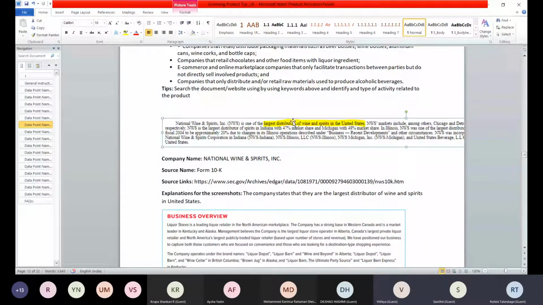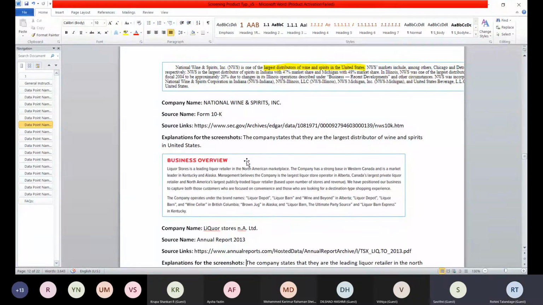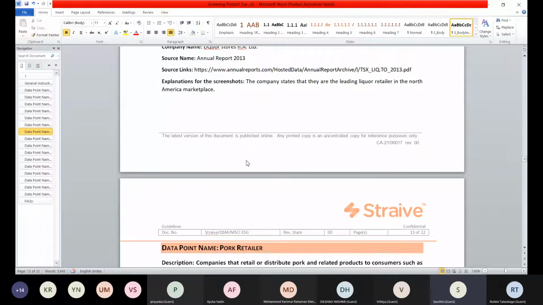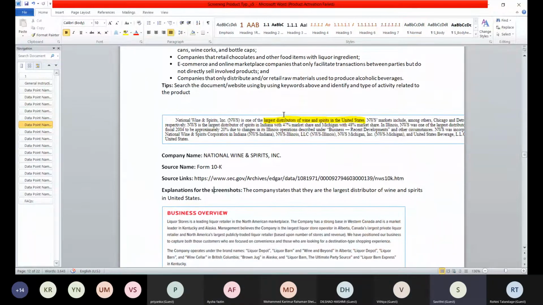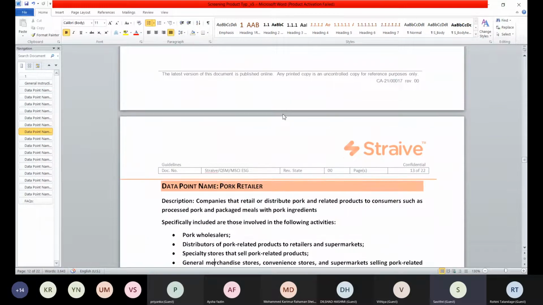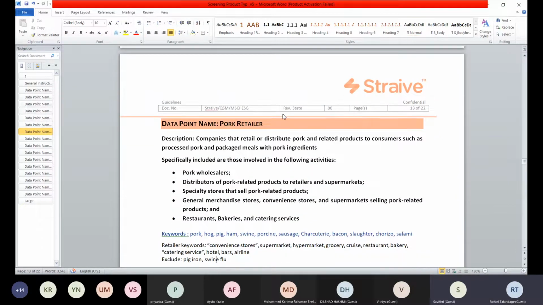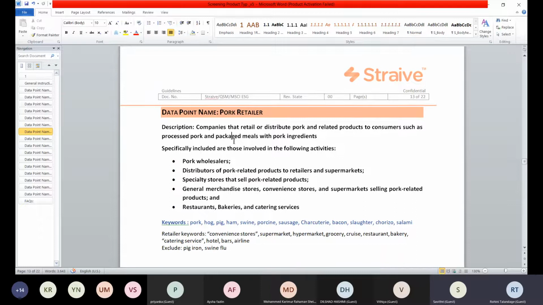So this is one example for the alcohol retailer. Any doubt in this data point? No, ma'am. We can go with the next data point.